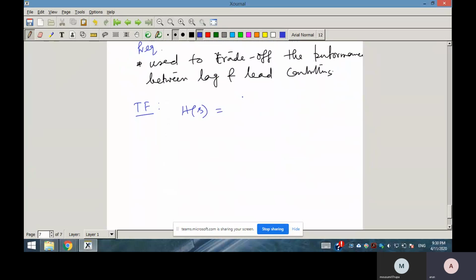So suppose I am writing the lead part first: (1 + s/a) divided by (1 + s/(alpha a)). And the lag part is (1 + s/b) divided by (1 + s/(beta b)). Now these parameters should satisfy some conditions.